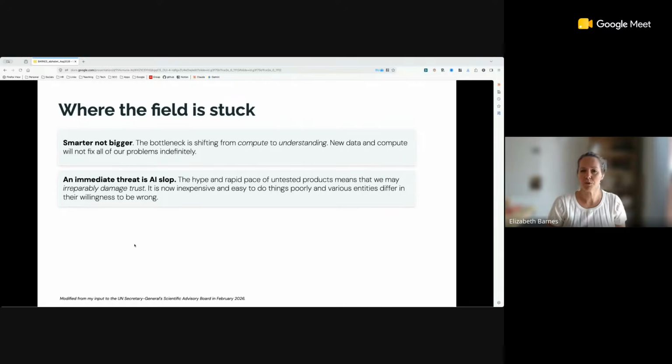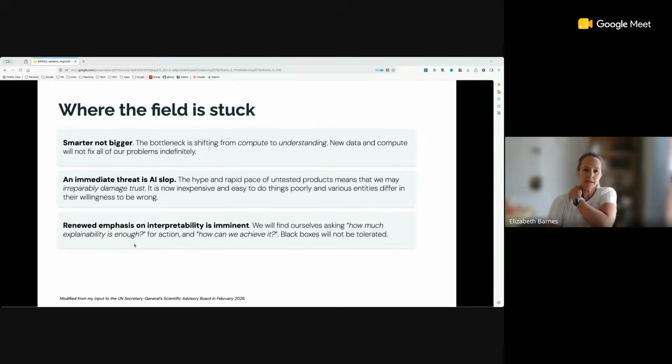And unlike before, where building these forecast systems was incredibly time consuming and expensive, now it's inexpensive and easy to do things poorly, especially given different groups' willingness to be wrong on these forecasts. And I don't mean a field in academia, I mean the field of folks studying weather and climate prediction, we're going to want to be very, very thoughtful about this.